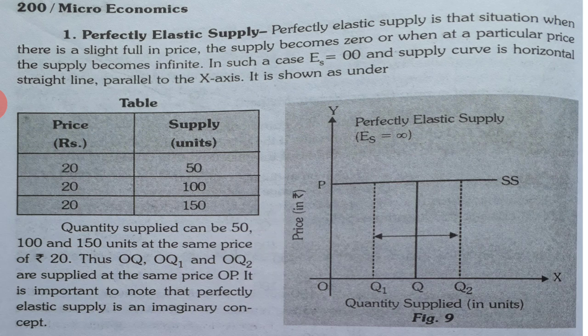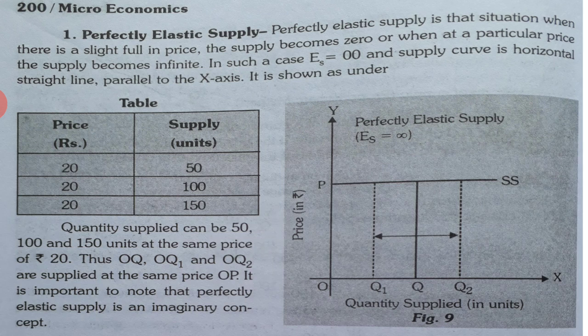Now you come upon perfectly elastic supply. So it means that when prices are same, prices are not changing, but supply of commodity is changed, either it is increasing or decreasing. But such a state is an imaginary or unfeasible state in an economy. That will not be possible if prices are constant and supply will be increased.